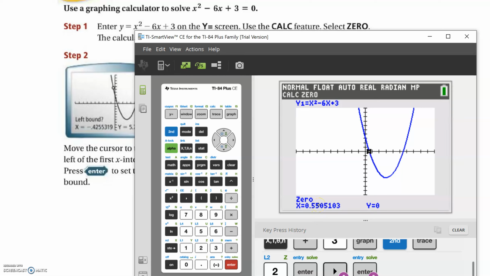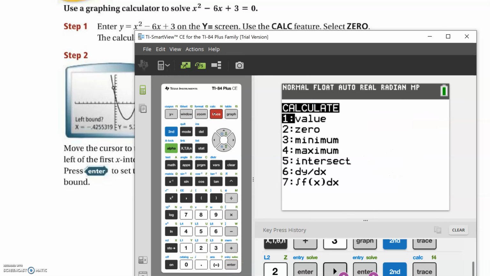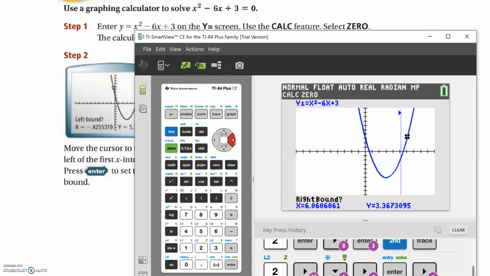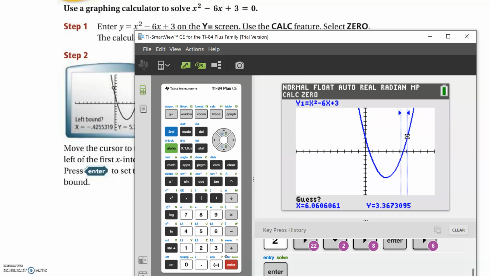To find our other zero, we're going to go back to second trace and hit 2 for zero, and find it for our other intersection over here. I'm on the left side of that intersection, and I want to go to the right side and hit enter.